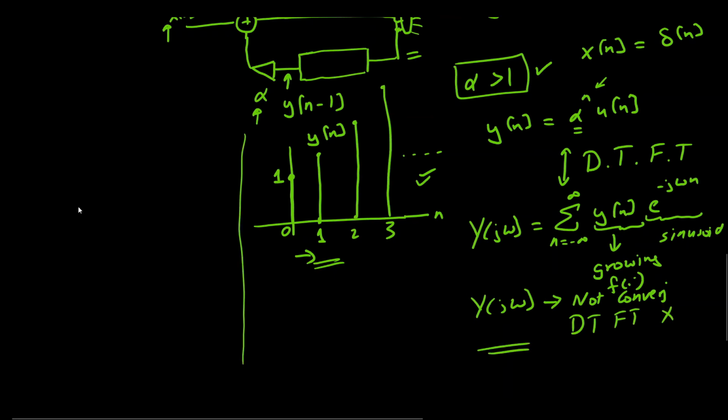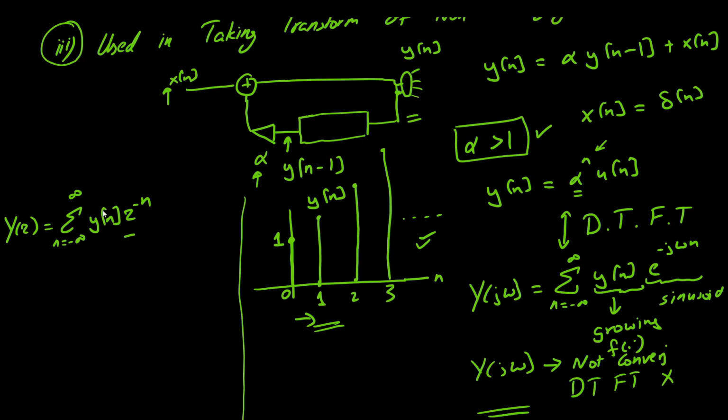On the other hand, if we take the z transform of this signal, the output, that is Y of z, we would have a summation from n equals minus infinity to infinity of discrete time y of n z to the minus n, where this variable z is simply r e to the j omega.